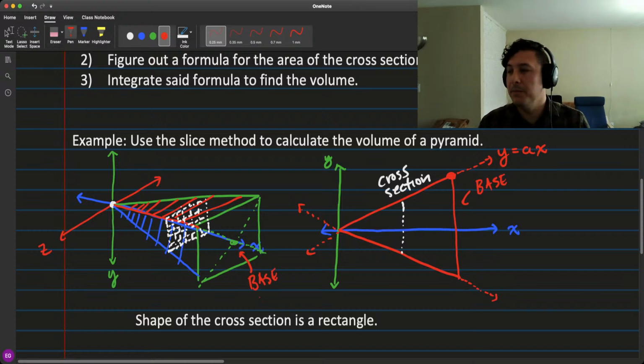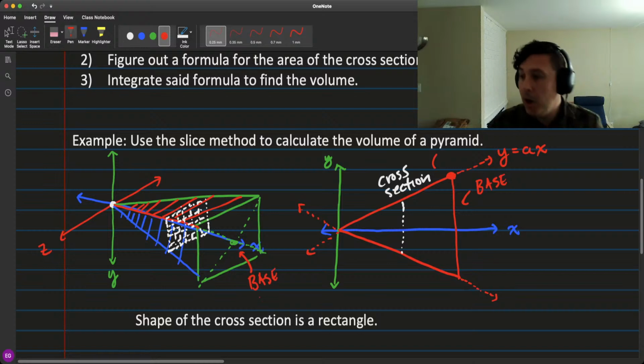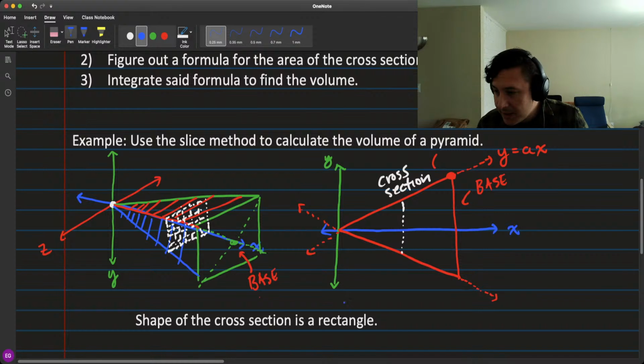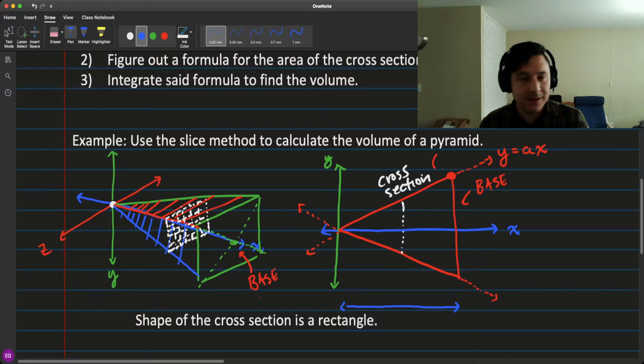Or let's come up with a point here. What should we call this x value? How far are we going to go out? Normally when you're dealing with a pyramid, what do you need to know about it? Yeah, cool. So this will be x value h, which means how tall is the y value there?